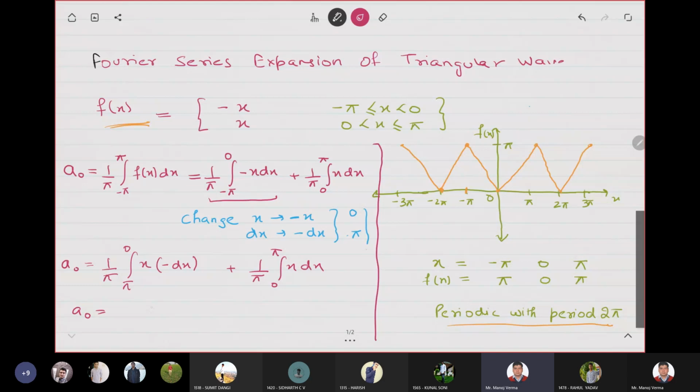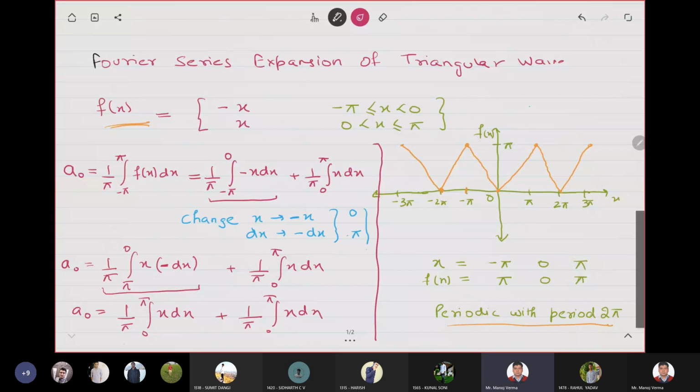If I use the negative sign of this dx to change the limits, the upper limit will be changed to the lower limit and the lower limit to the upper limit. So I can further simplify this: 1 over pi from 0 to pi of x dx, plus 1 over pi from 0 to pi of x dx.